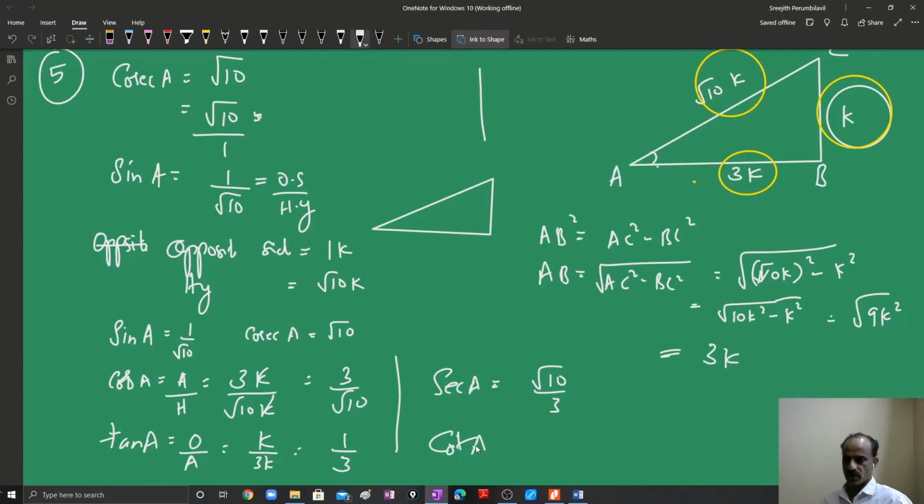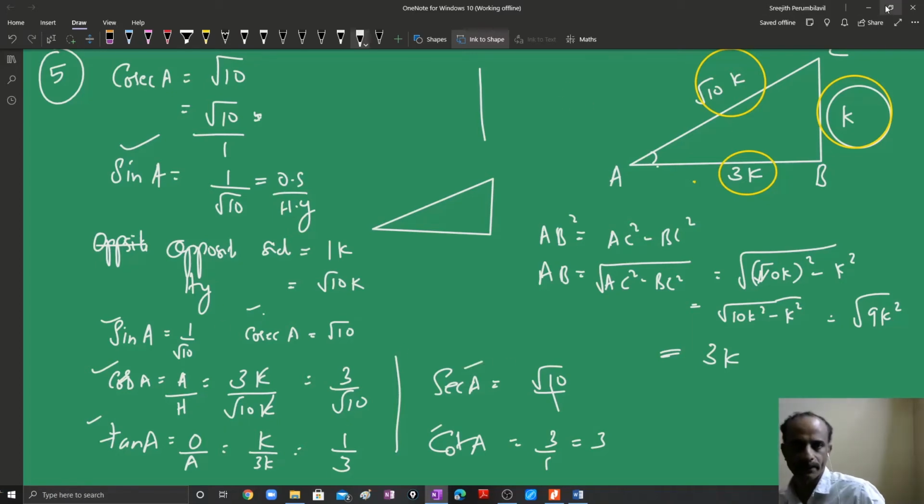Therefore, the reciprocal cot A is equal to 3 by 1, or 3. So we have sine, cos, tan, cot, cosec and sec, all of them one by one.